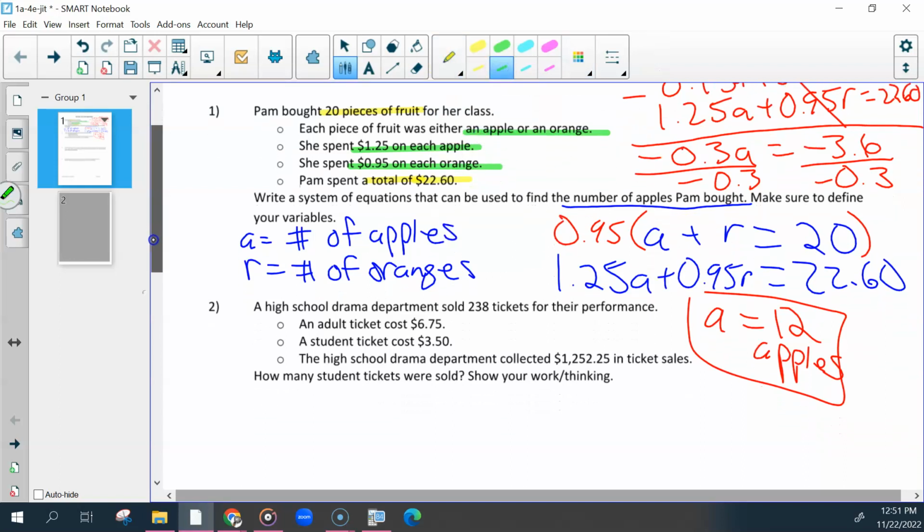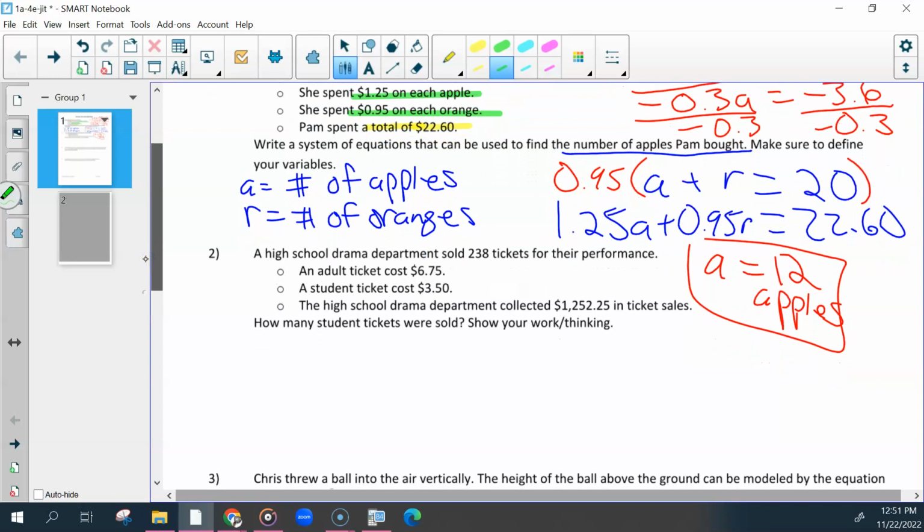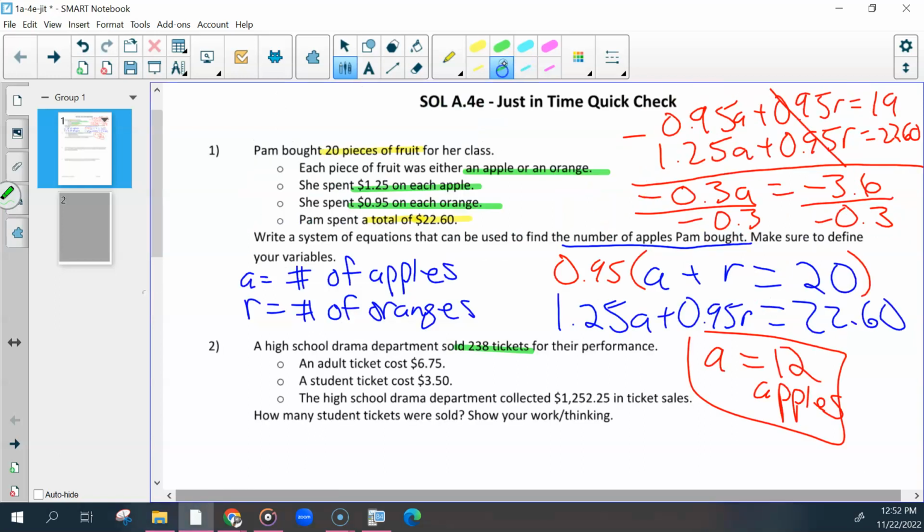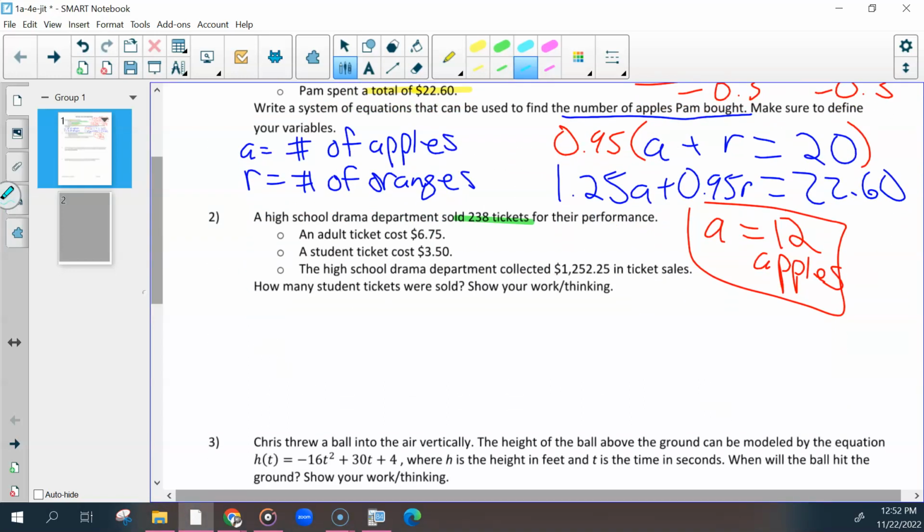In the second problem, important things were the 238 tickets. An adult ticket costs $6.75, a student ticket costs $3.50, and they collected $1,252.25 in ticket sales.